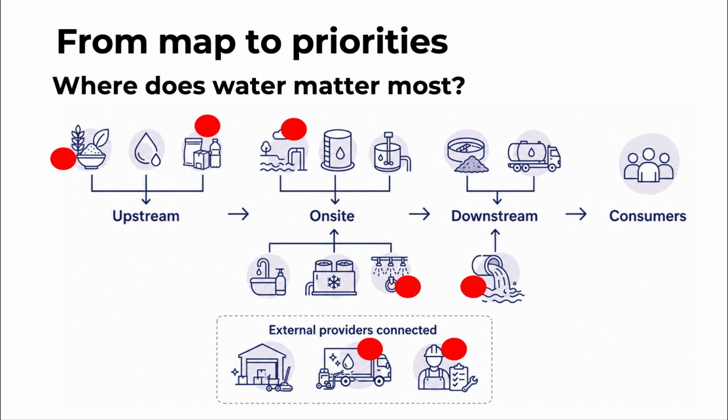Realistically, for BlueRiver, the most significant water-related environmental aspects will probably be concentrated on-site and downstream, with some important influence points upstream and with external providers. Upstream, yes, but mostly through influence.